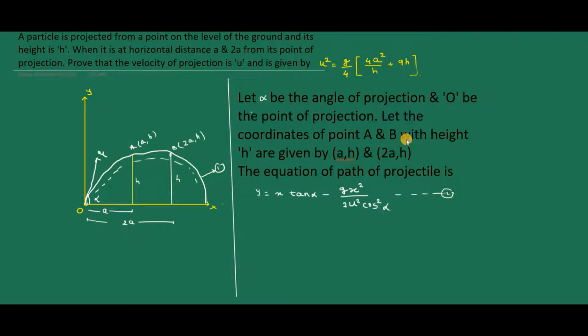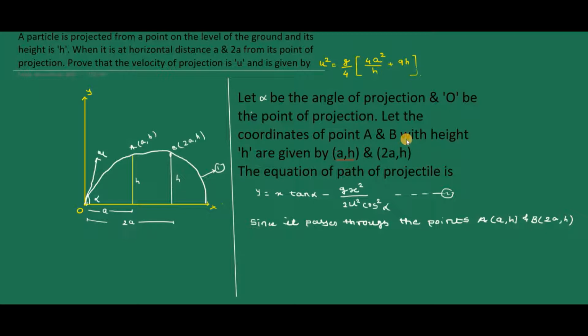This curve is called the path of the projectile. Since equation 1 passes through the points A, bracket a comma h, and B, bracket 2a comma h.